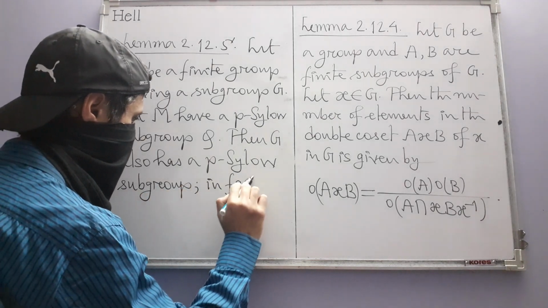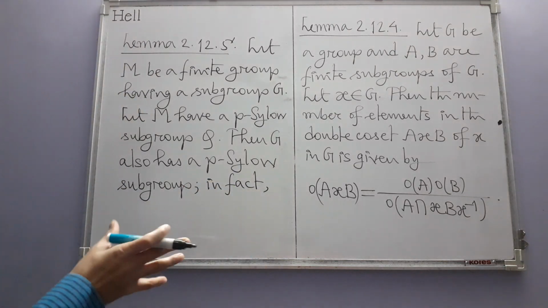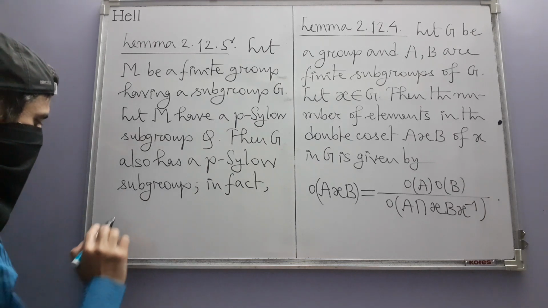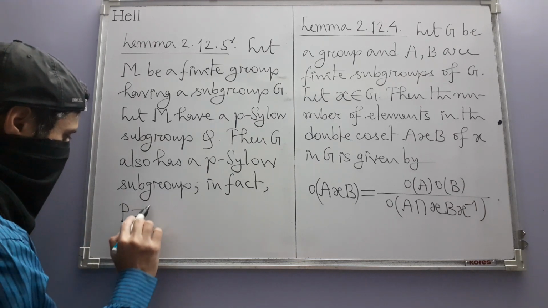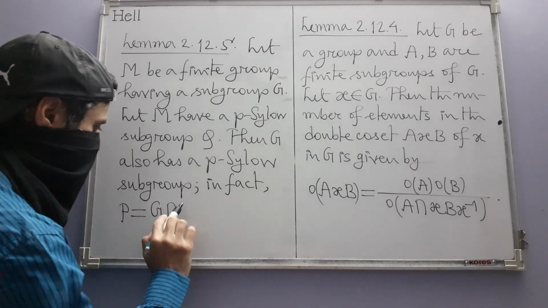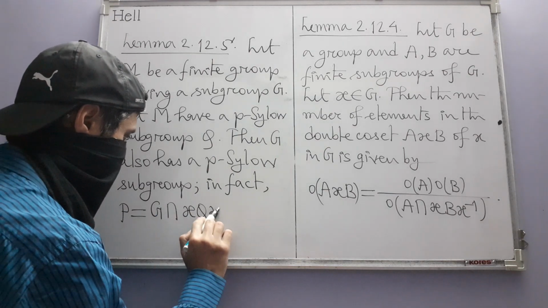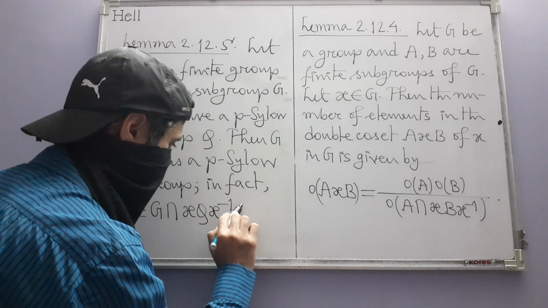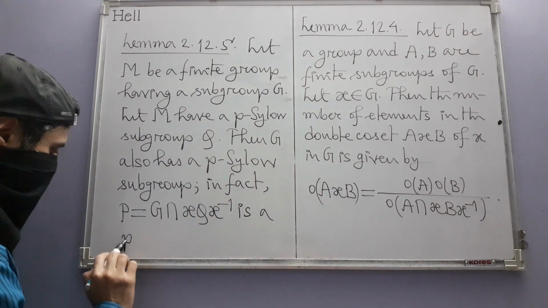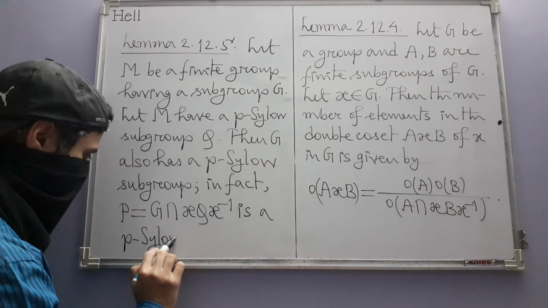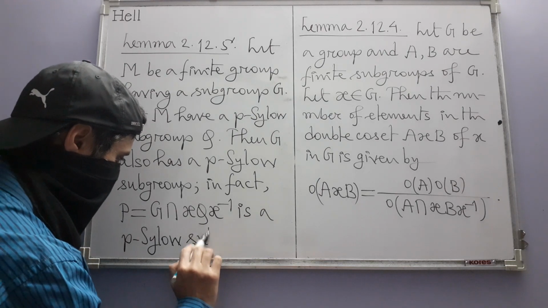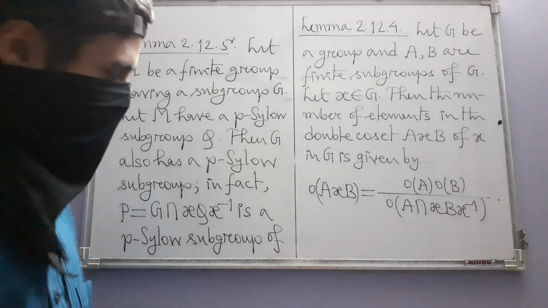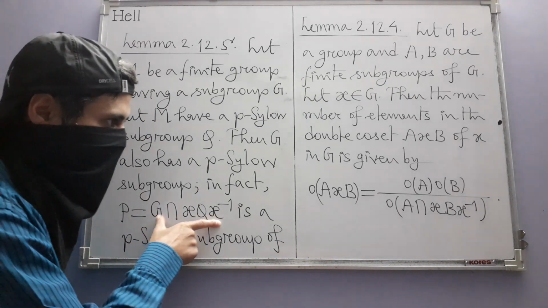And in fact, we can say something about at least one p-Sylow subgroup of G. In fact, this is a p-Sylow subgroup of G. Do you see this one and this one?